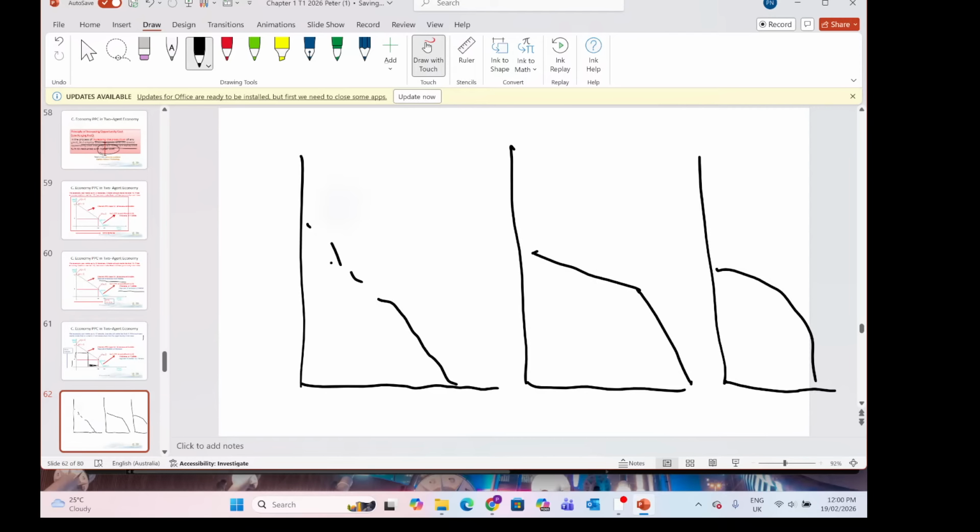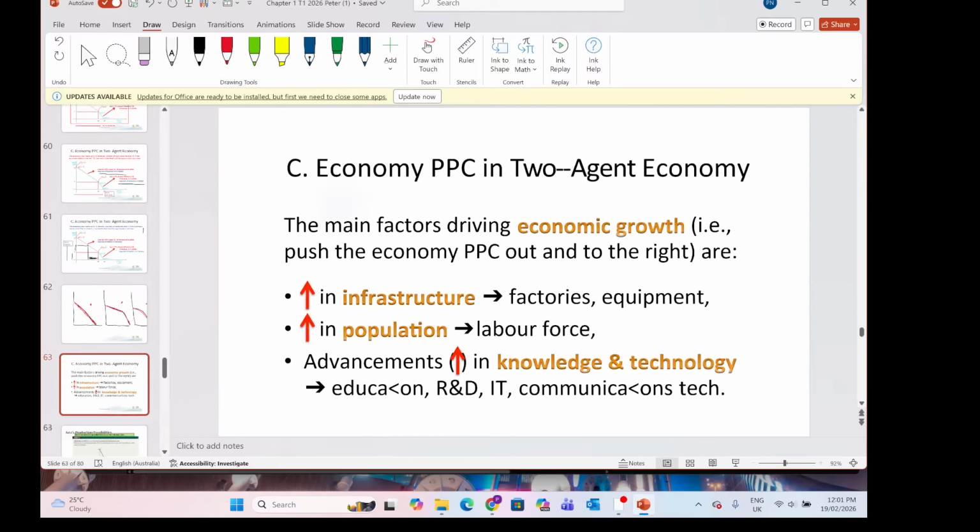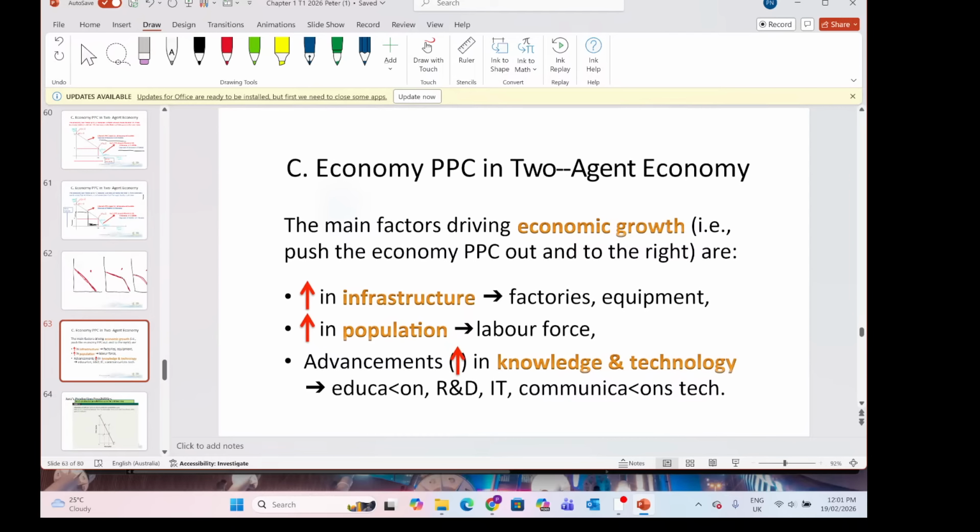But however we draw it, this line represents the maximum that we can produce. These lines represent the maximum that the firms can produce given their available resources. If we want to be outside the line, that's not possible with our production possibility curve, because given our present state of technology and resources, there just isn't the capacity to be there. One way to get there is by economic growth.